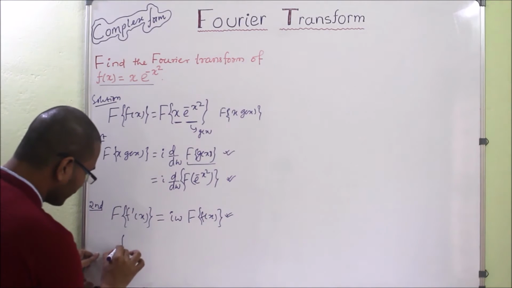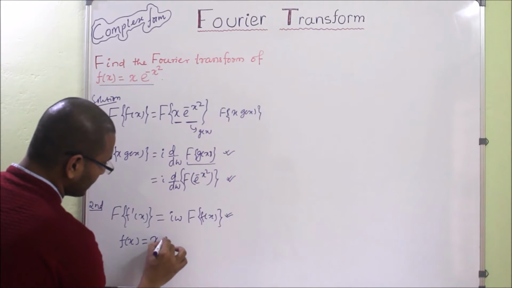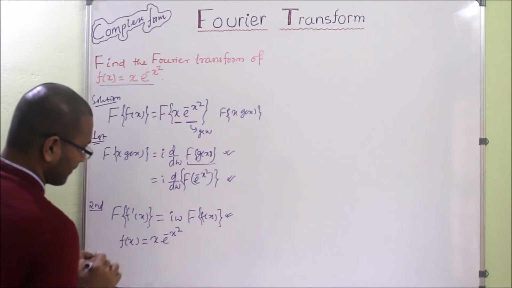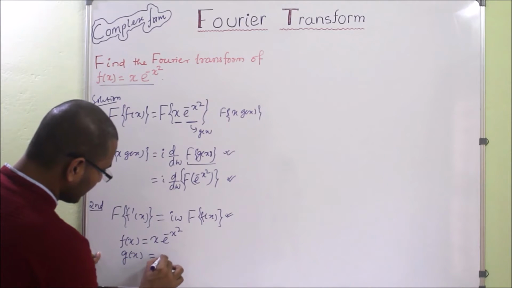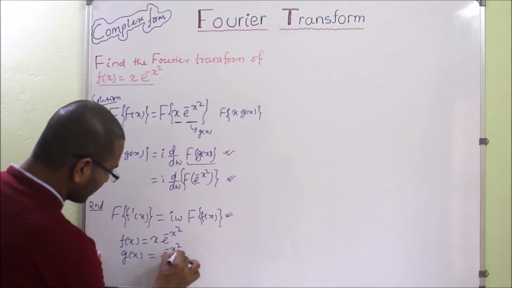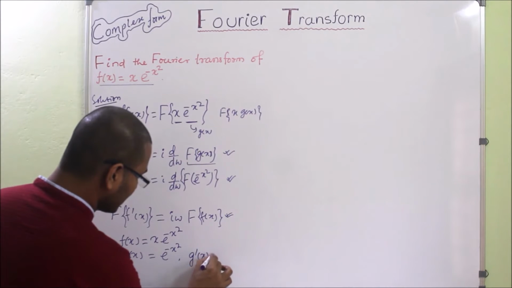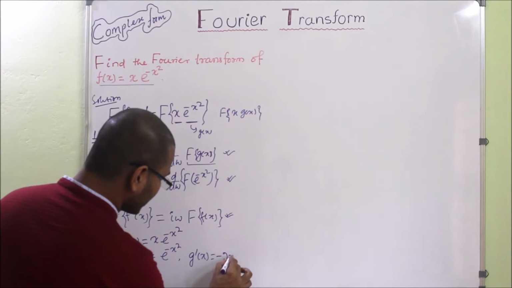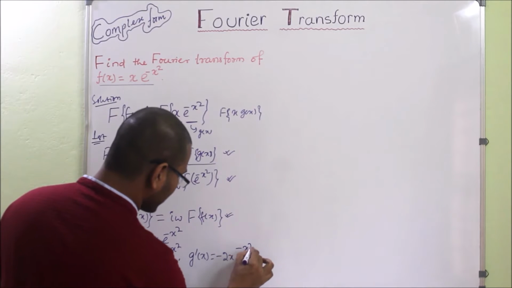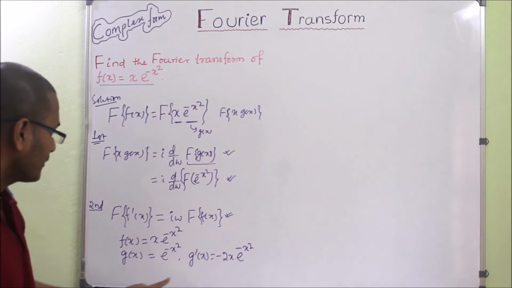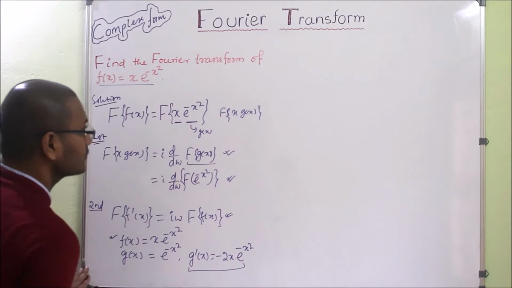So we have the function f of x, that is x e to the power minus x square. If I take the function g of x as e to the power minus x square, then g dash x is minus 2x e to the power minus x square. From g, how to find f, that we have to see.